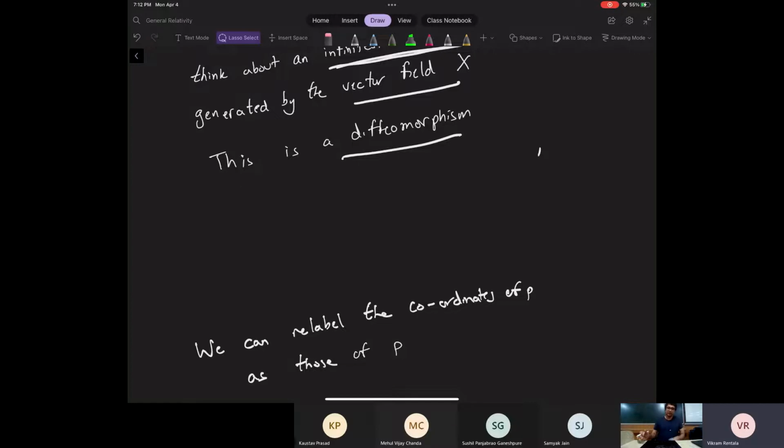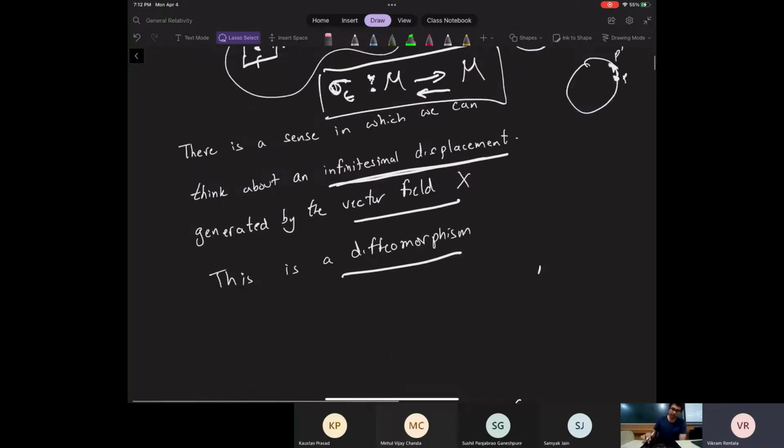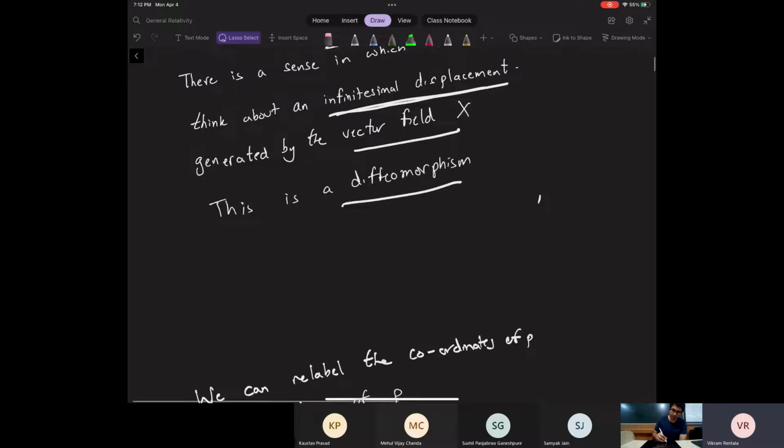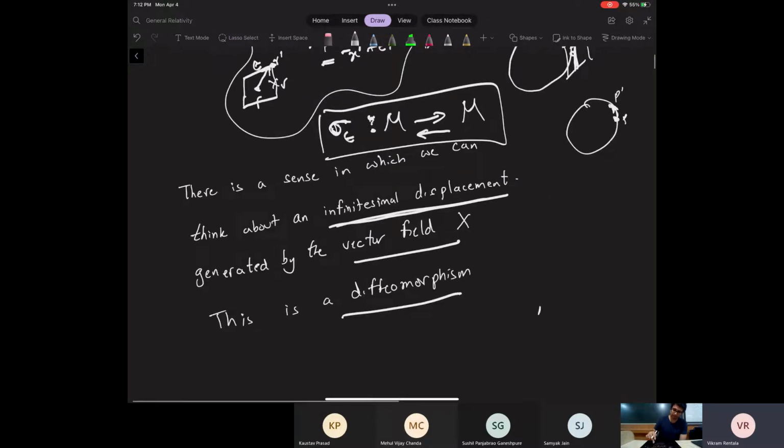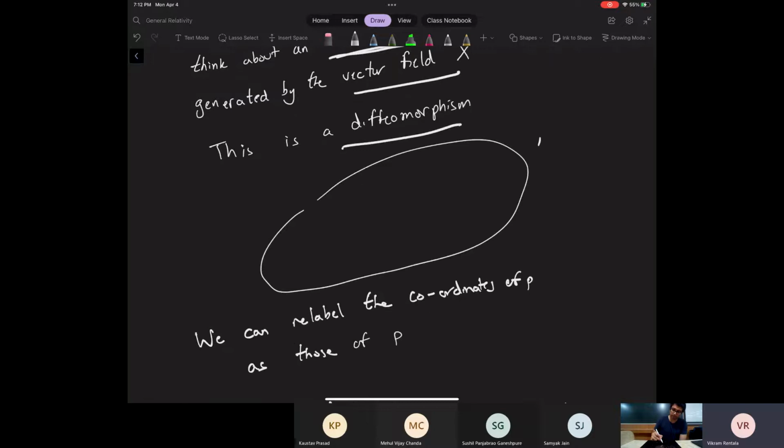So suppose P had coordinates... This was the manifold. This is the point P, and I'm going to exaggerate the distance to P prime. It's only infinitesimally far away.